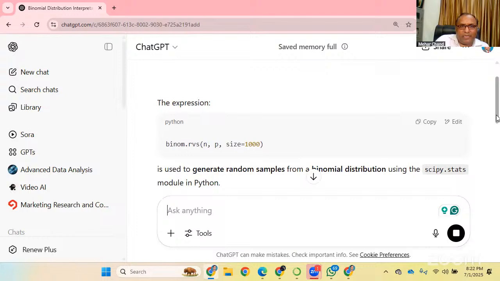Okay, so this will return all the information about this function. It is used to generate a random sample from the binomial distribution using the SciPy stats module in Python. Then scroll down.